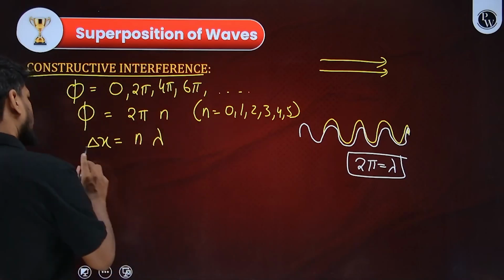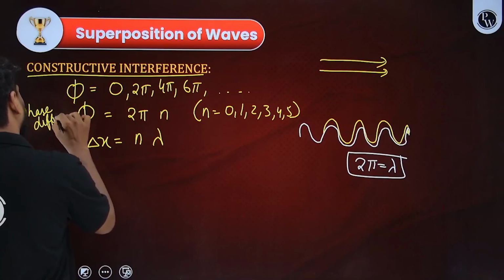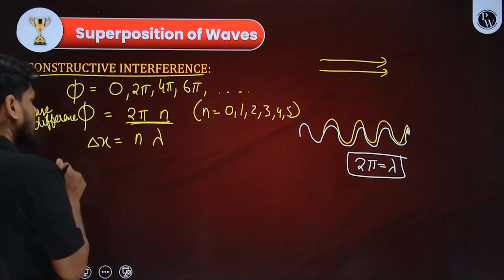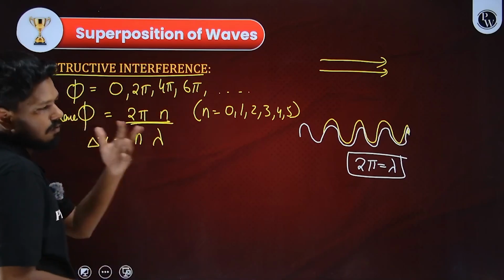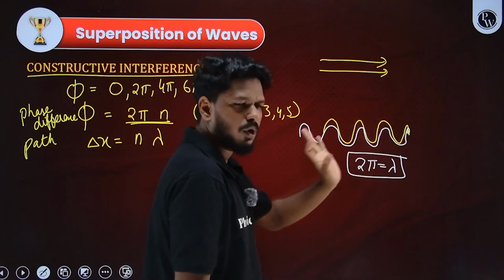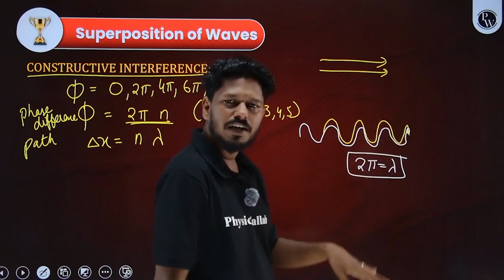So if my phase difference is of order 2 pi n, then constructive interference. If my path difference is the difference in the path they have traveled. One wave has traveled 1 wave, 2 wave, 3 wave, 4 wave. Another wave has traveled 1, 2, 3, 4 and 5.